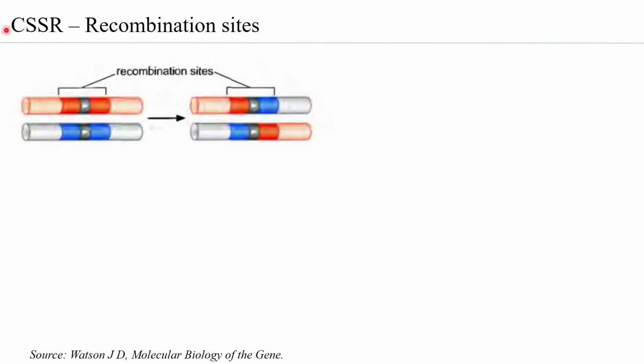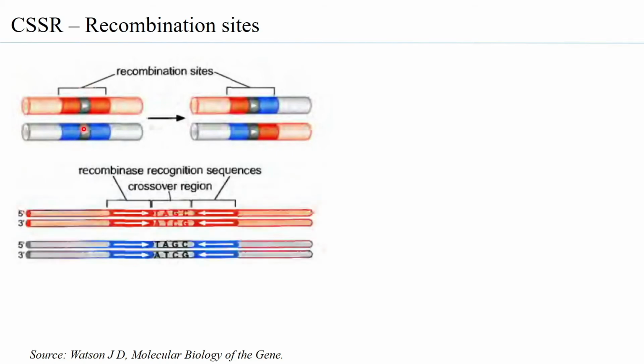Now, looking at the recombination sites per se, you can see that within these sequences is interspersed a region called the crossover region. If you look at it in higher resolution, you can very clearly see that the recombination sites are inverted repeats, and at the center you have the crossover region.